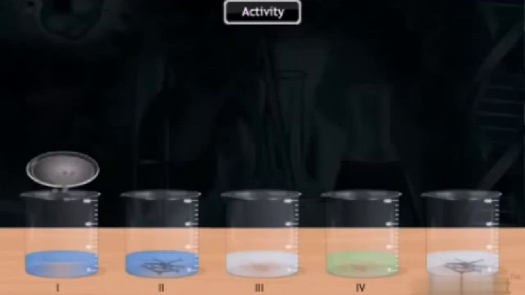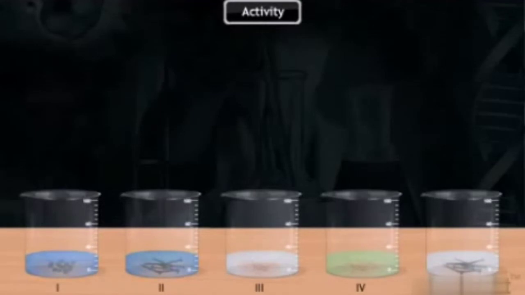Then keep the beakers undisturbed for some time and observe carefully.